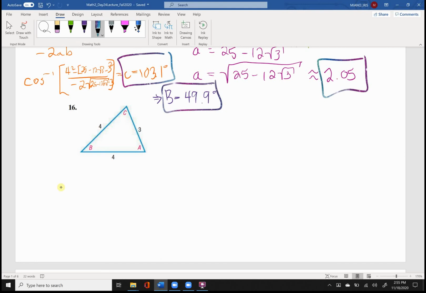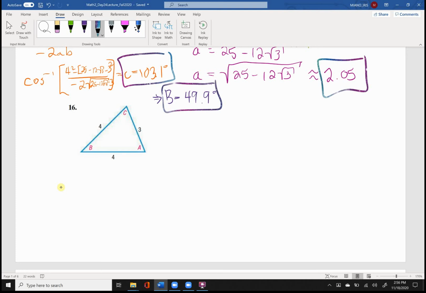Do you guys notice that there's two side lengths that have the same measure? That makes this triangle an isosceles triangle. And so if you know the relationship from your geometry class between the opposite sides and their corresponding angles, you'll know that if you have in a triangle two congruent sides, then their opposite angles are also going to be congruent to each other.